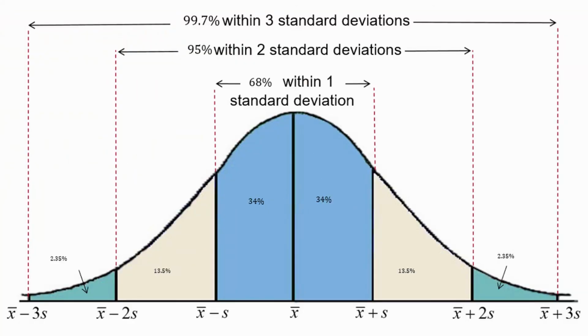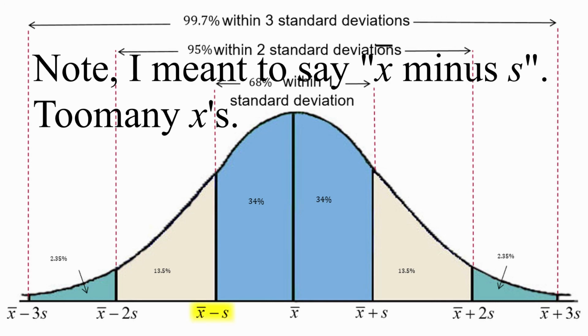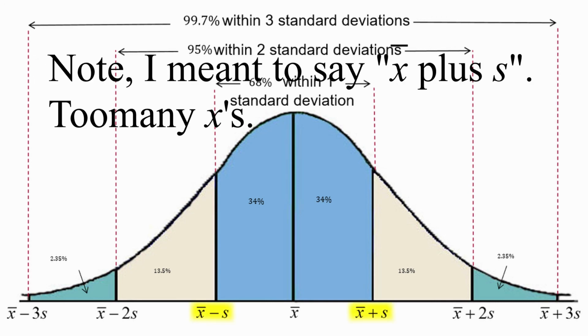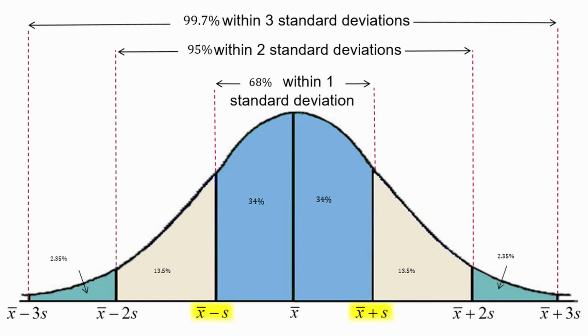see that on this graph of a distribution, we have these kind of windows around the middle. And in each of these windows, we're catching more and more of the data set. In that one wide window, x bar minus s to x bar plus s, we've got about 34% on each side by symmetry.